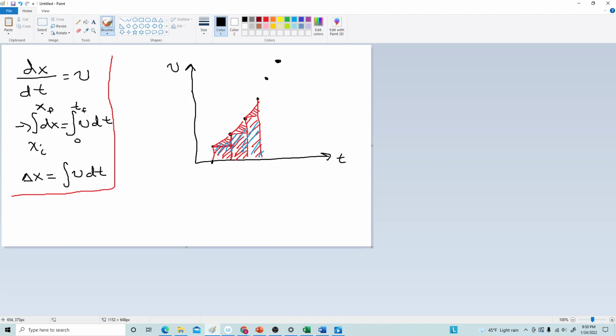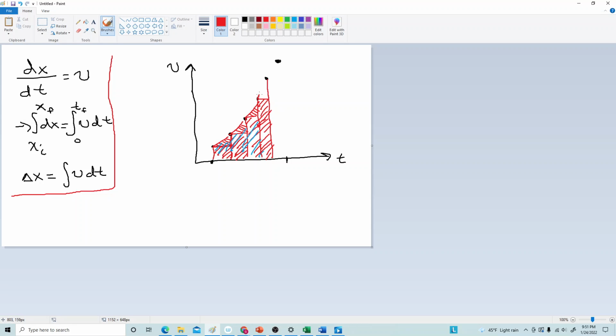So if I start my stopwatch here and I end my stopwatch here, and I track the velocity of my object and it follows this trend, I can keep drawing these rectangles and triangles and keep calculating these. Now, that's not bad. That's a decent approximation when you're in a pinch.